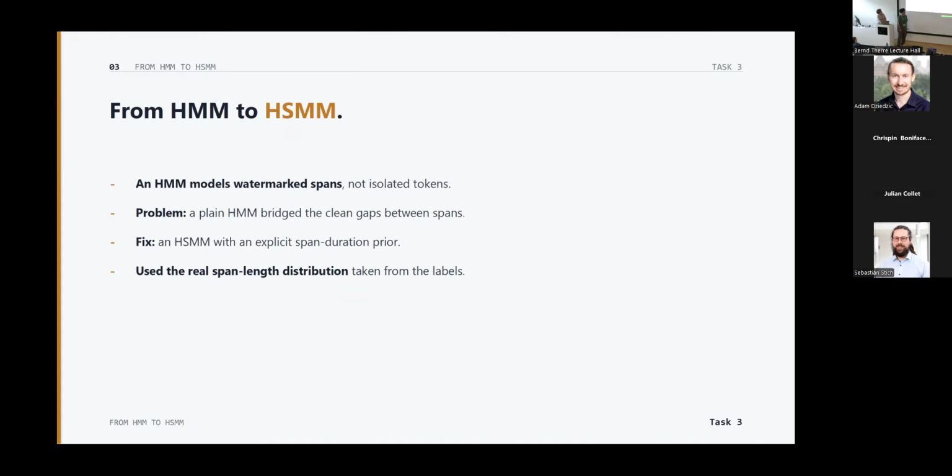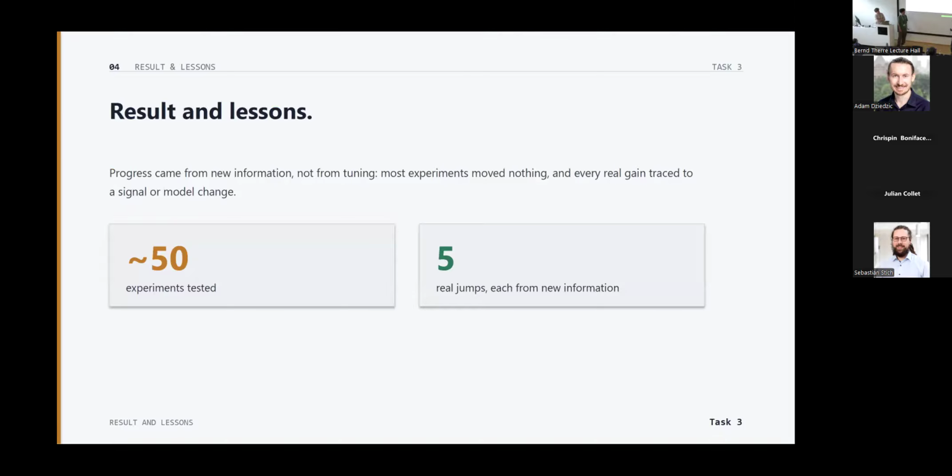The main point which improved our model was that we switched from HMM to HSMM, like other groups also did, so we could have a jump. That's basically it. We tested about 50 times and had 5 jumps.